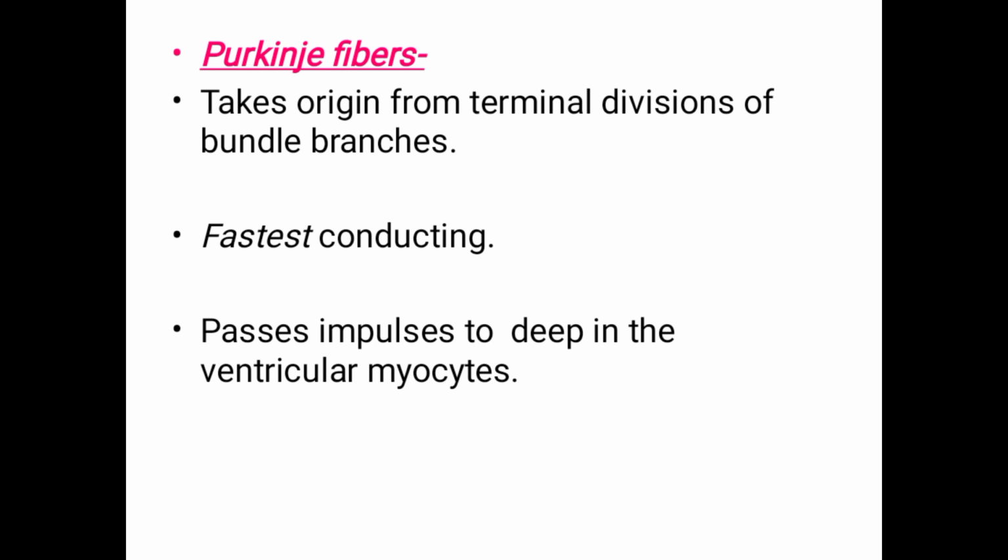The right and left bundle branches divide into smaller branches, which we call Purkinje fibers. Here is the fastest conducting rate, and they pass deep into the ventricular muscle fibers or myocytes.